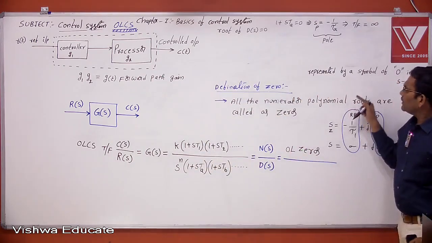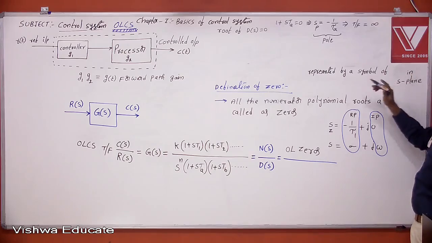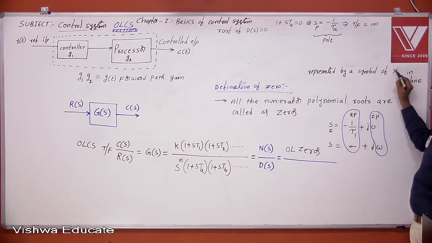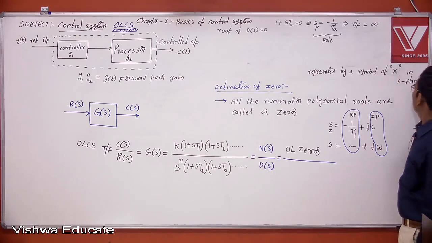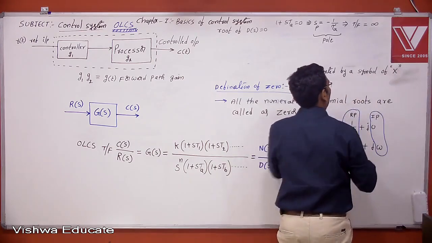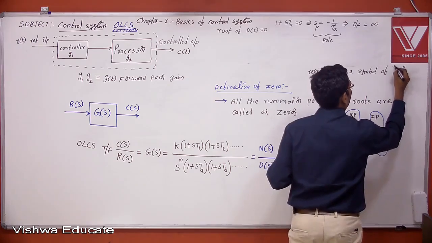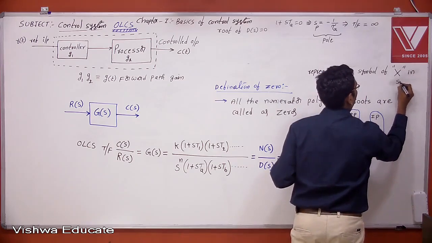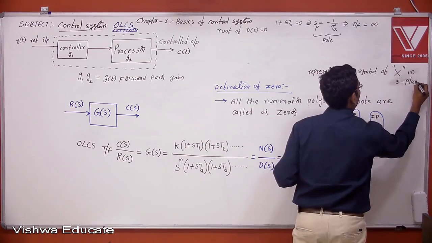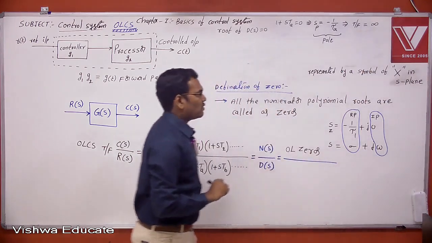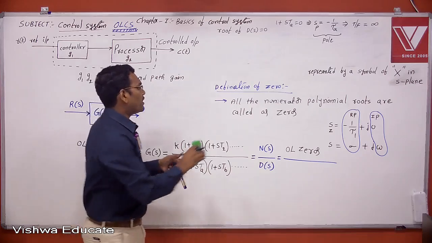Zero is represented by a symbol of circle, but pole is represented by a symbol of cross in the S-plane. So what is the easy definition of pole?